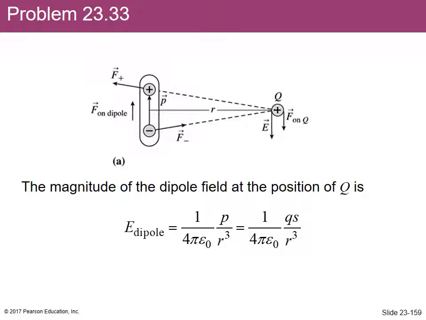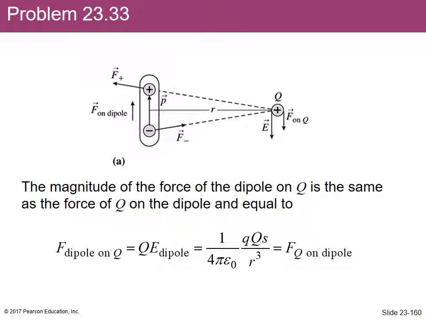The magnitude of the dipole field at the position of Q has a 1 over r cubed dependence. The magnitude of the force of the dipole on Q is the same as the force of Q on the dipole.